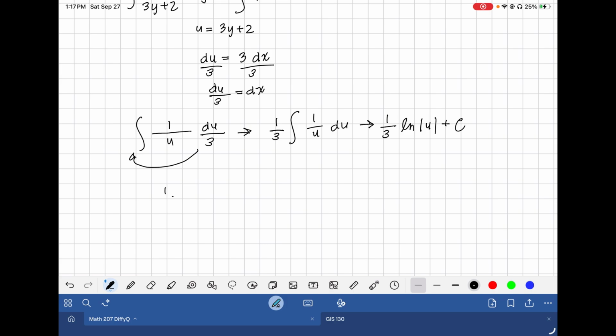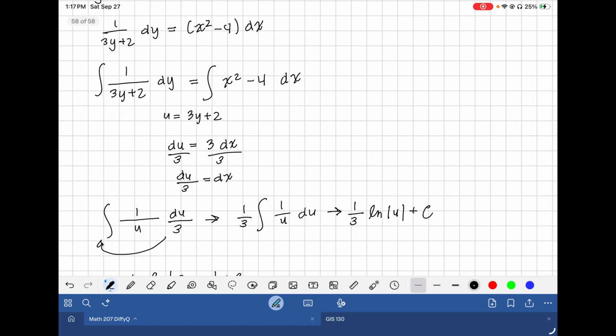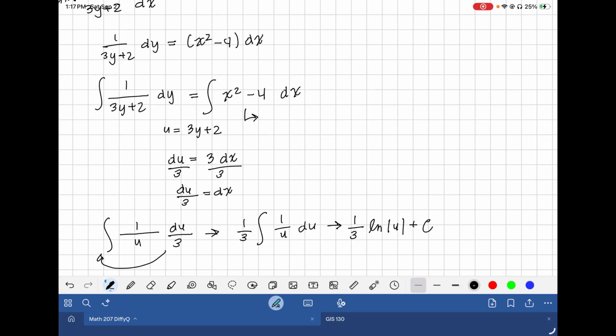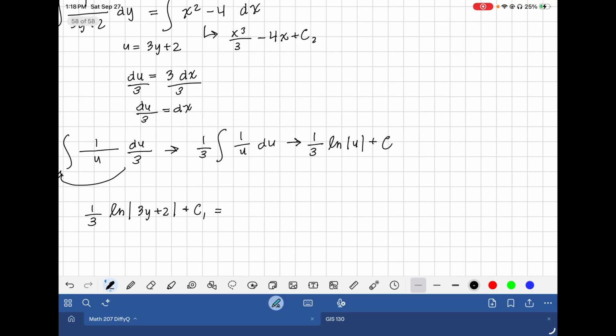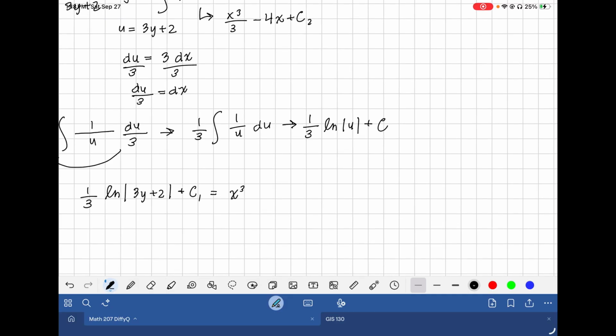So that's going to be 1/3 ln of 3y plus 2 plus c. And I'll write c1 because we're going to have a c on the other side as well. And then the integral of this, we're going to have x cubed over 3 minus 4x plus c, and I'll write c2, that's going to be that here.